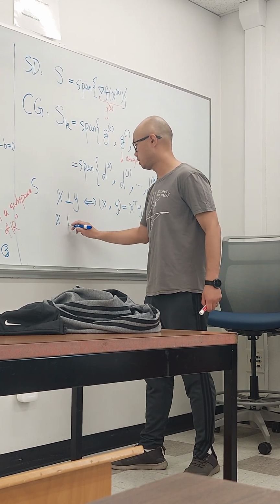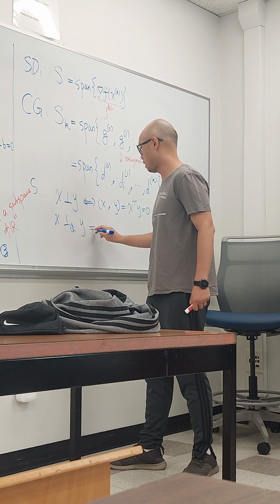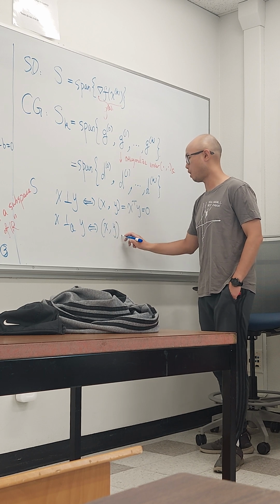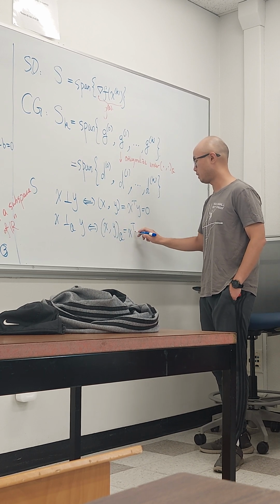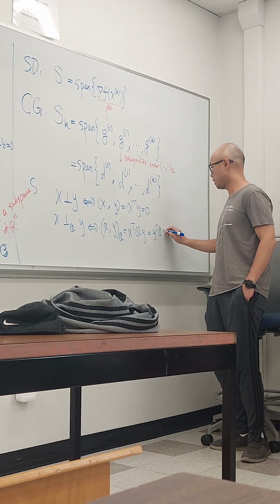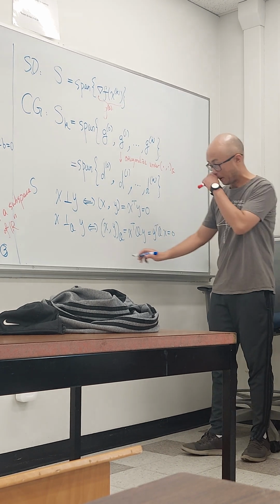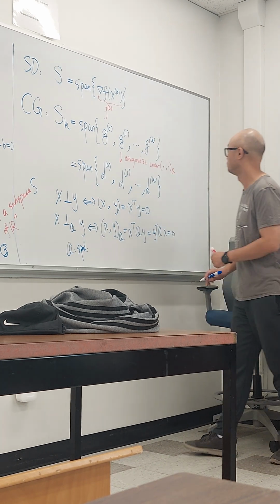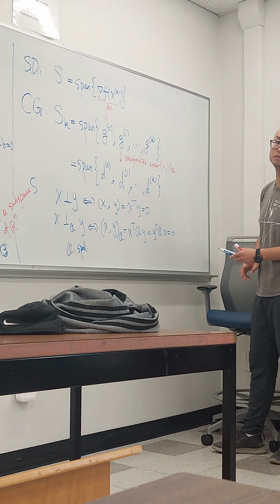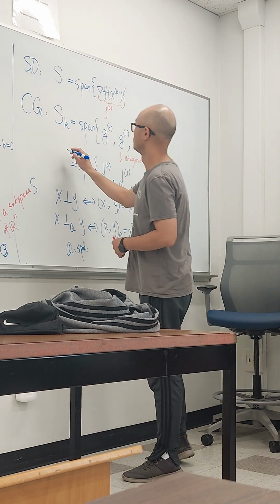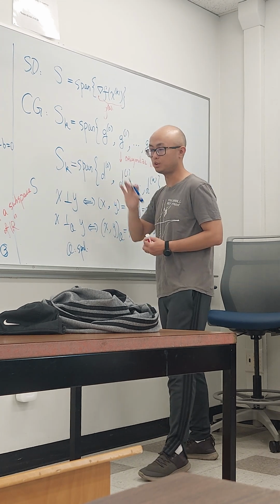And x is Q orthogonal to y if x transpose Qy, which is also y transpose Qx, is 0. And this Q has to be SPD. So this is the story.